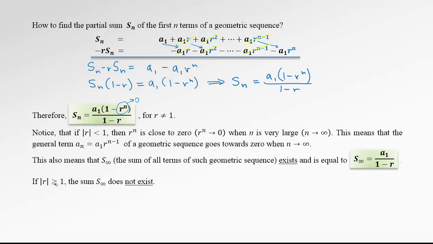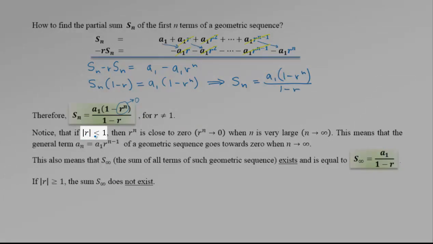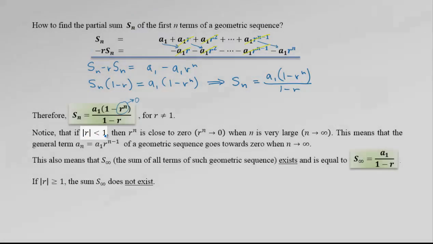Even if it's equal to 1, the infinite sum wouldn't exist because we would have to add infinitely many constant numbers. That's impossible. So again, in order to be able to calculate the infinite sum of a geometric sequence, we need to check if the absolute value of r is smaller than 1. If it's not, we will say that such a sum doesn't exist.